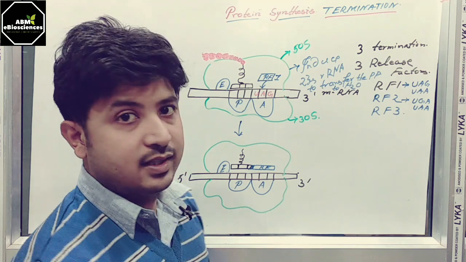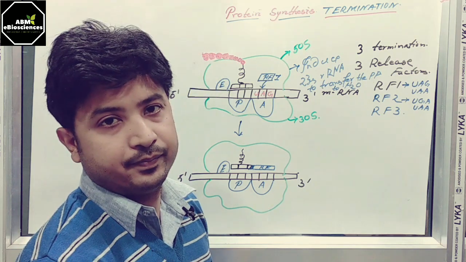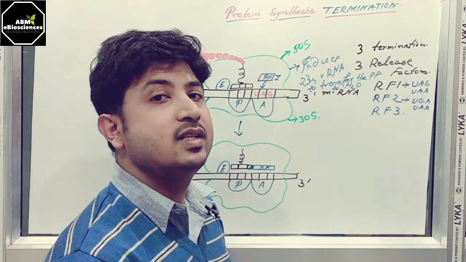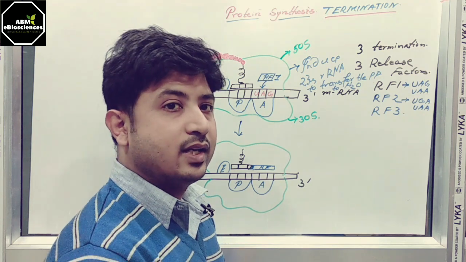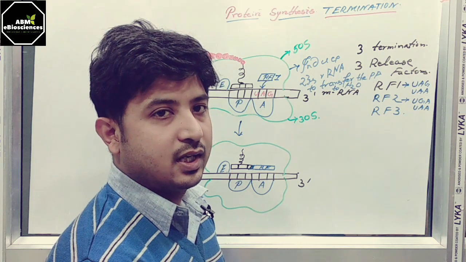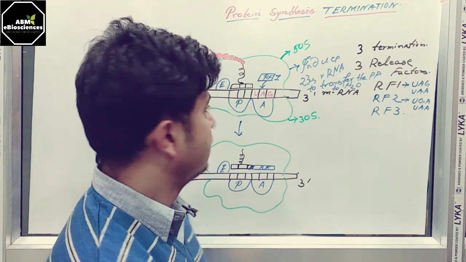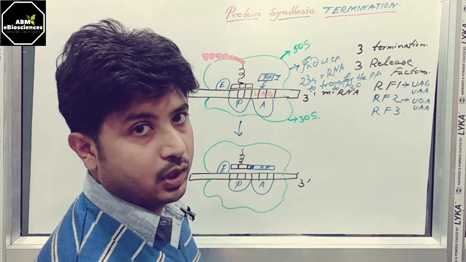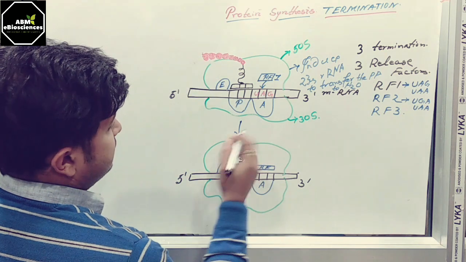So the ester linkage is broken. The polypeptide which needs to be transferred to the next tRNA is not transferred to a tRNA, but instead to a water molecule. So what happens in the next step? That is the dissociation of the polypeptide from the tRNA.